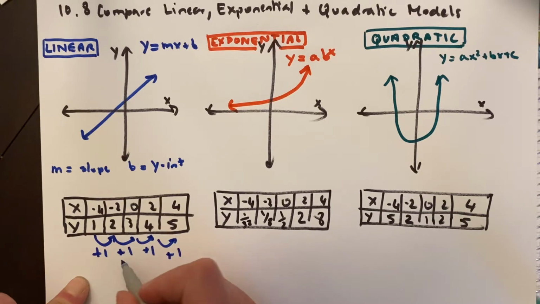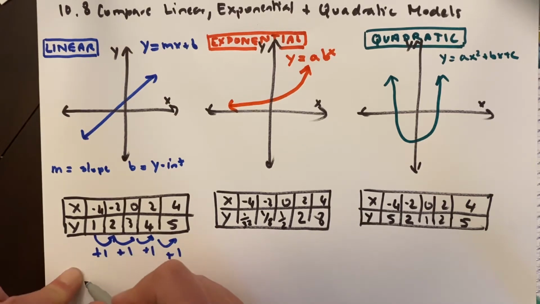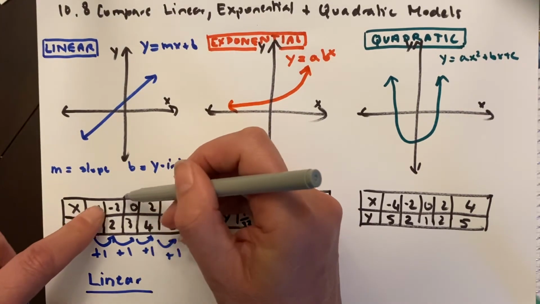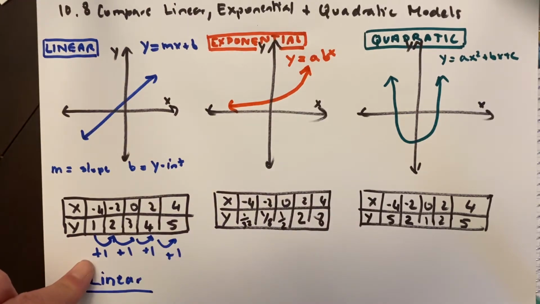So if the difference between the first and second term as they increase is the same at each point for the given change in x, it is a linear equation. For every 2 x's, you've got +1 in y, and that identifies it as linear.